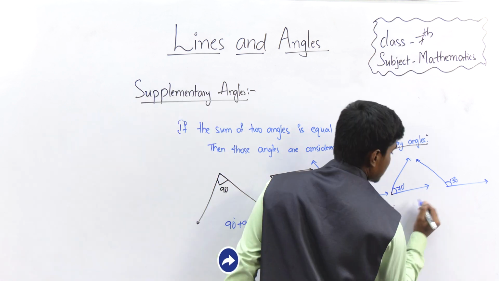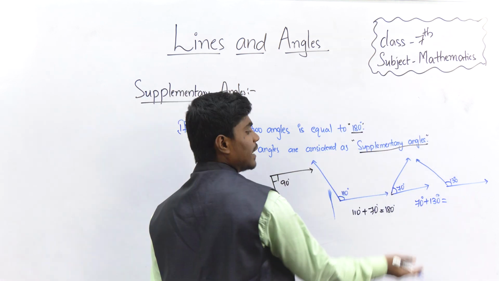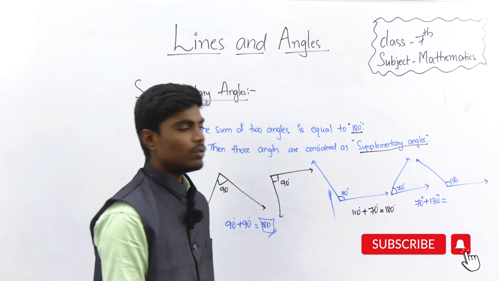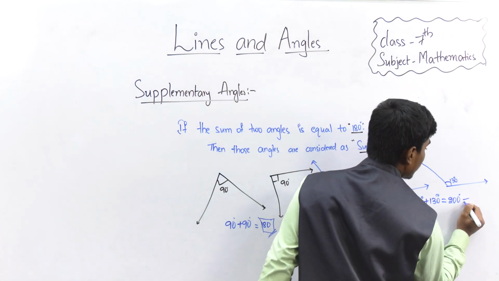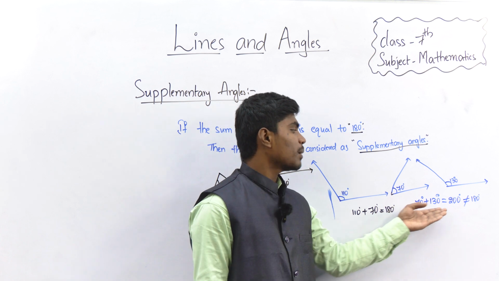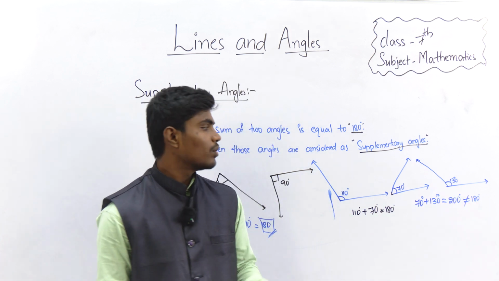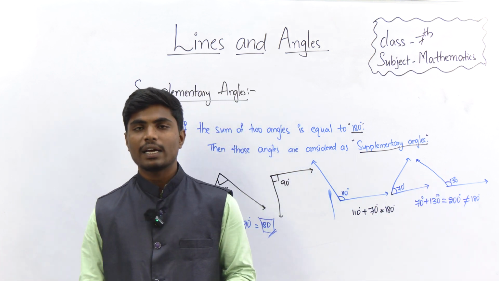Here 70 degrees plus 130 degrees is 200 degrees, which is not equal to 180 degrees. The sum of the two angles is not equal to 180, so these two angles are not supplementary angles.